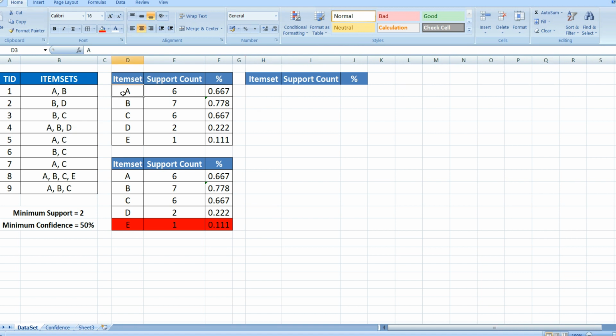We pick out our first item, which is A. Then we pick the second item, which is B. We go ahead and pick A and C. We go ahead and pick A and D.